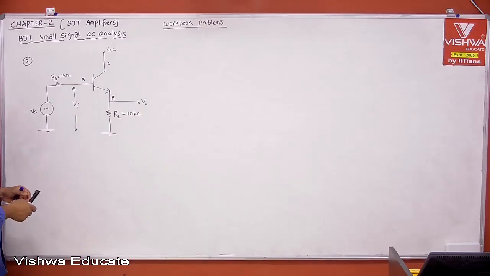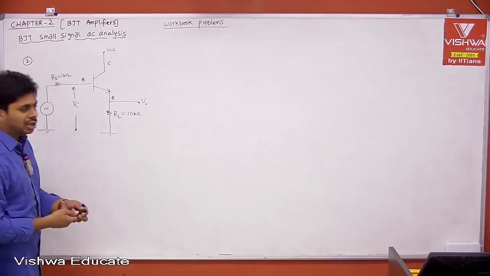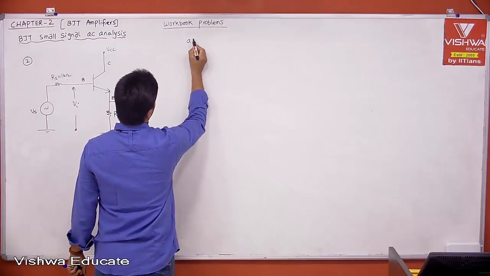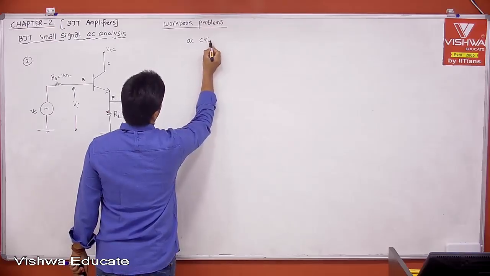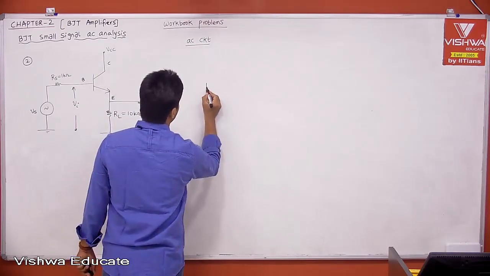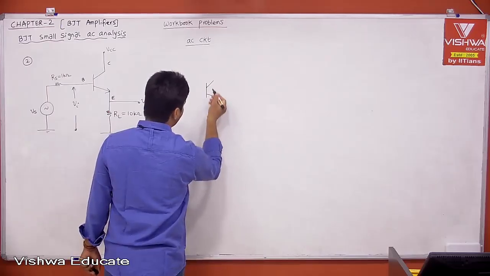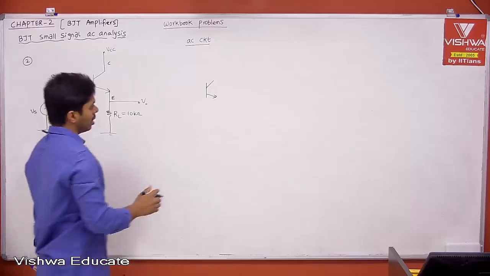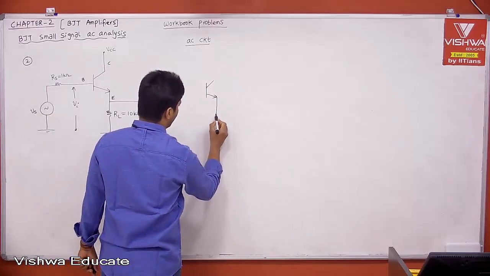Now, do you want me to draw the AC circuit also? Maybe let me draw it for this circuit, or later as we continue I will not draw the AC circuit specifically. If I draw the AC circuit, the transistor is to be replaced with the H parameter model, because that is the dynamic circuit of the transistor. And this is the load.